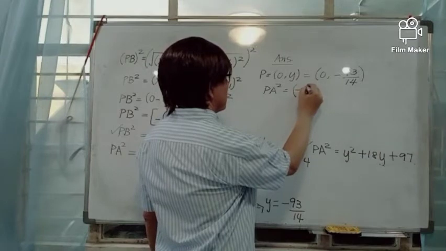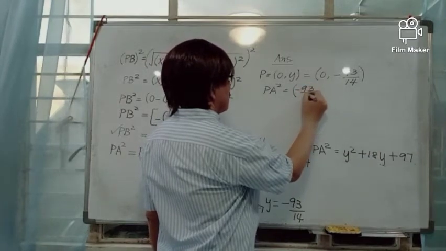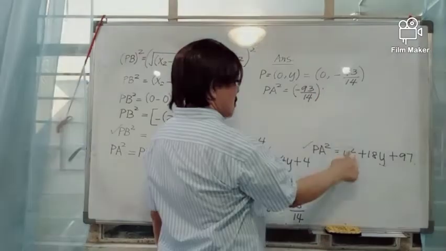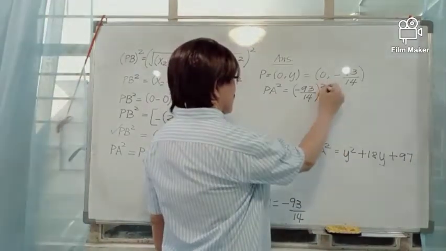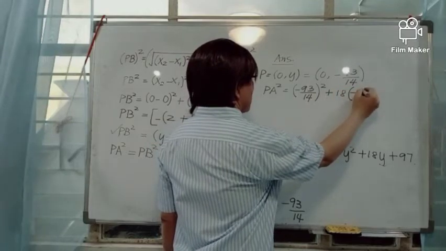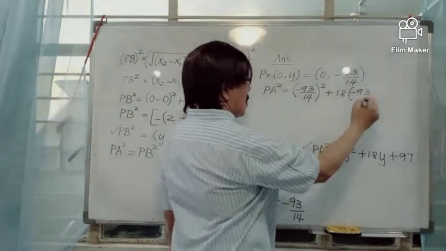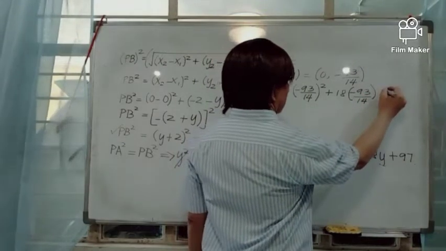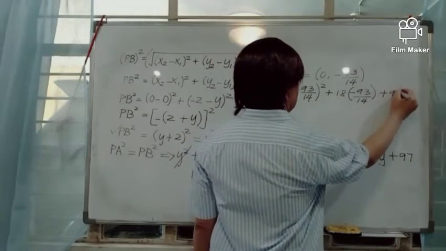We write negative 93 over 14 to the power 2 plus 18 times negative 93 over 14 plus 97.